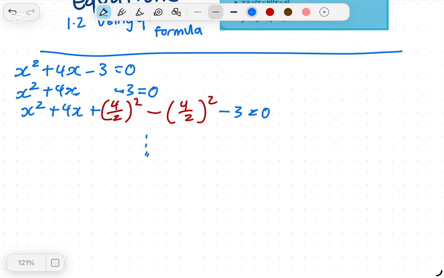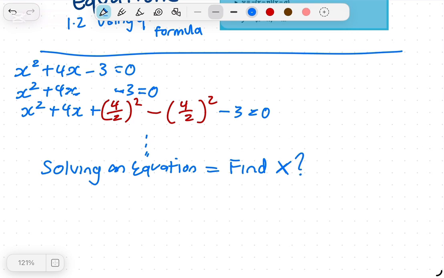Well, what if we can come up with a general formula to find x? Because remember, when we are solving an equation, all we are doing is trying to find x. So we're just trying to find that missing variable.